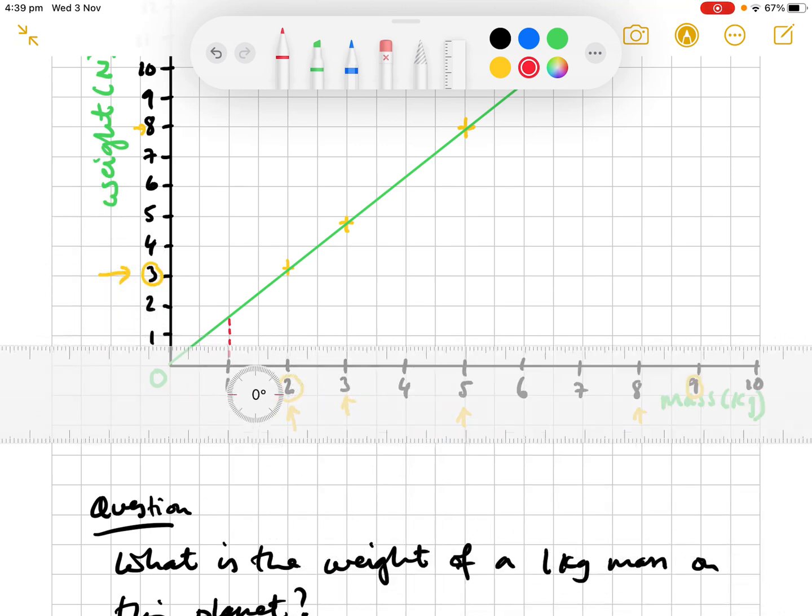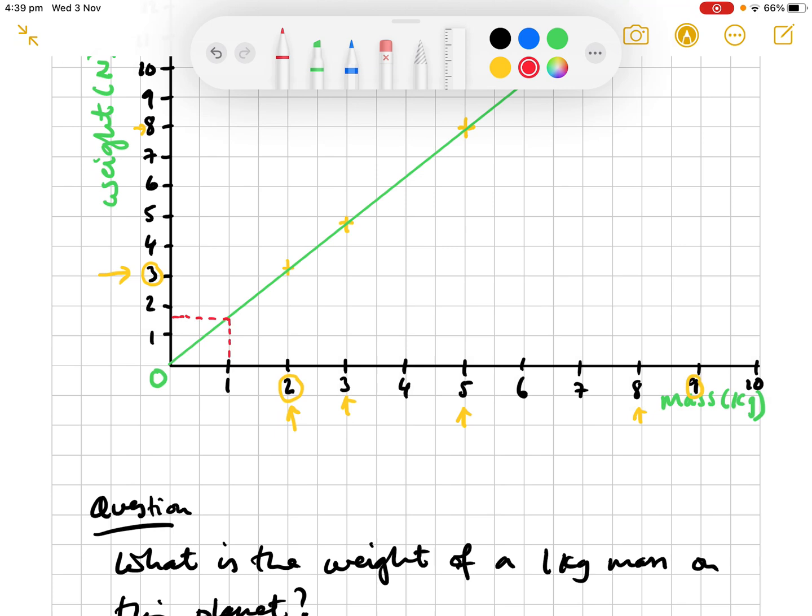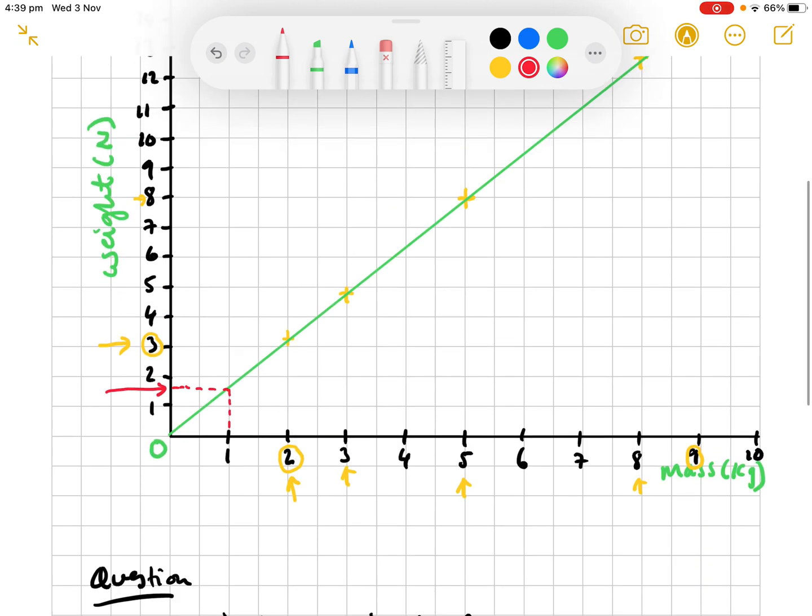Up to where it meets the line. And then draw another dotted line, horizontally this time, across to the y-axis. And you've basically got to estimate what that weight is in newtons.